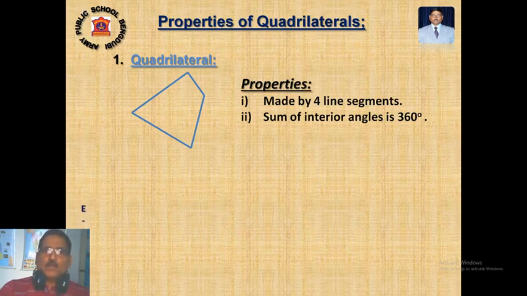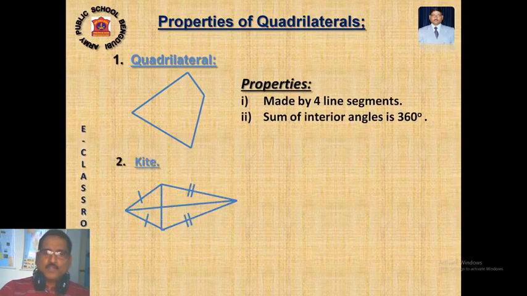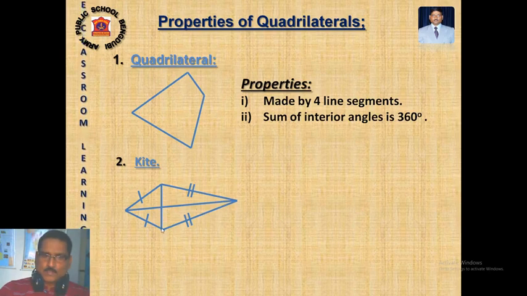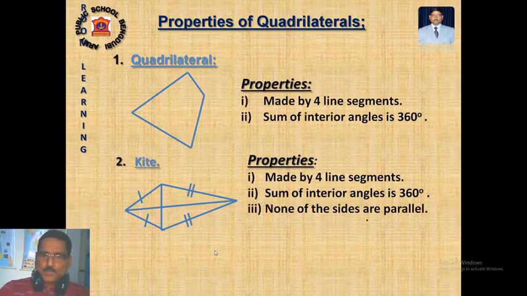Now from the quadrilateral, the first figure I get is the kite, where none of the sides are parallel. But two adjacent sides, this and this, are equal, and this and this are equal. Diagonals are unequal, one diagonal intersects perpendicularly, and one diagonal is bisected. What are the properties here?